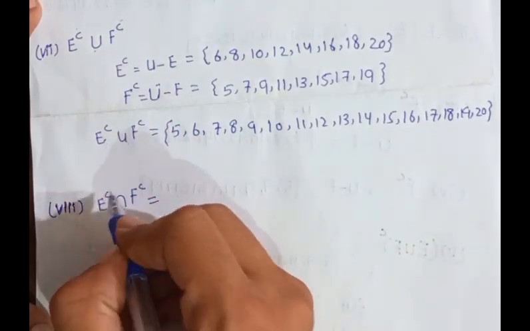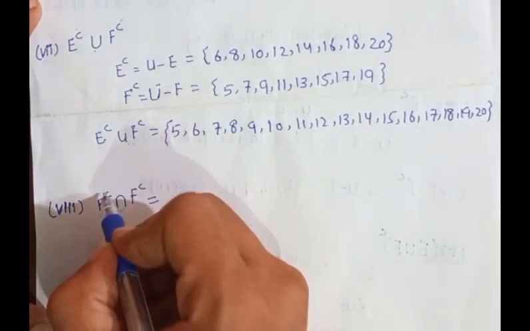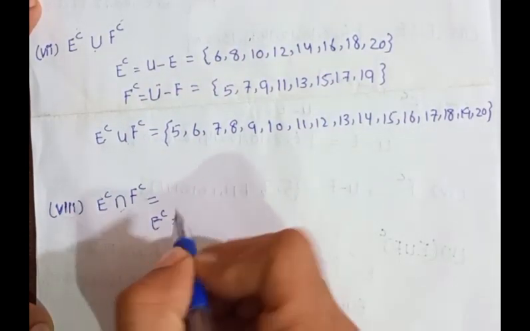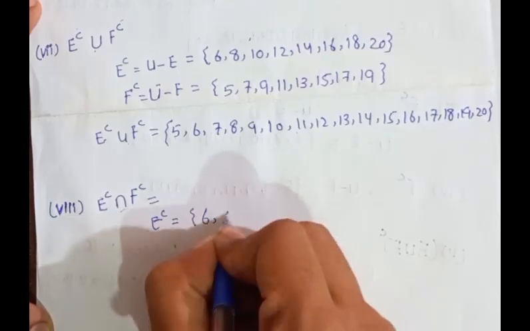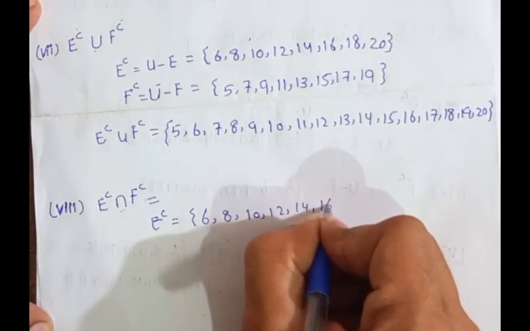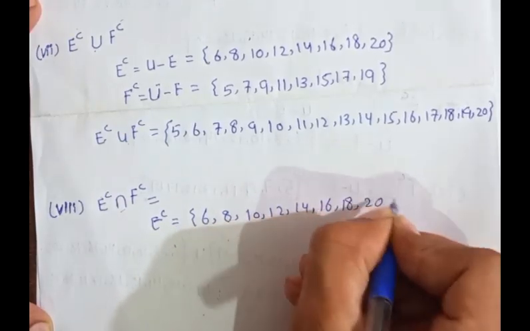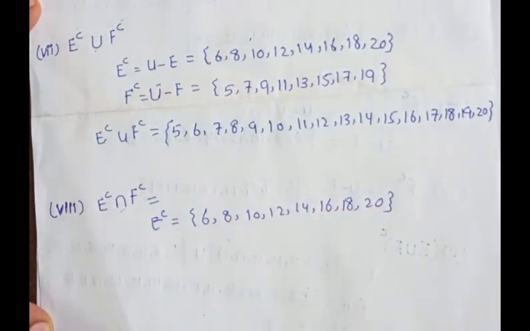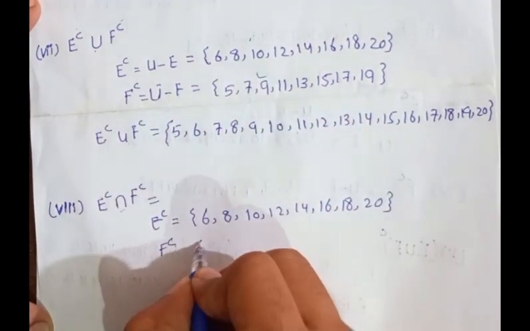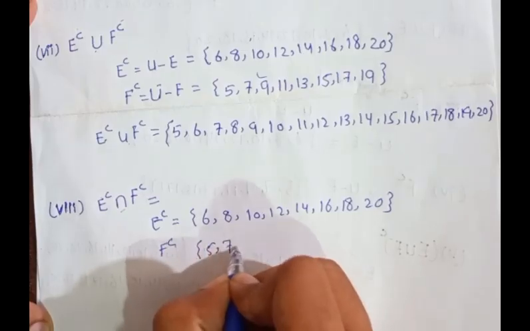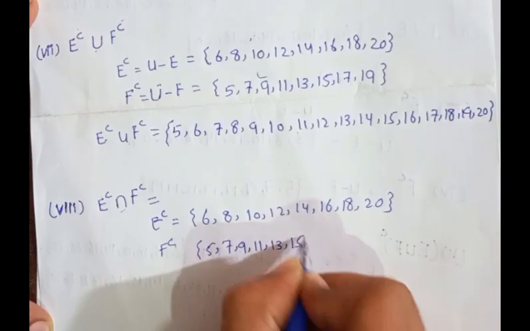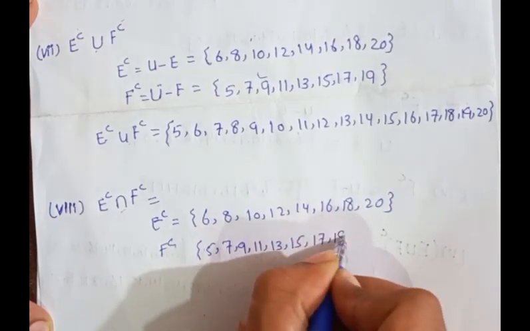As you know, the value of E complement is 6, 8, 10, 12, 14, 16, 18 and 20, and the value of F complement is 5, 7, 9, 11, 13, 15, 17 and 19.